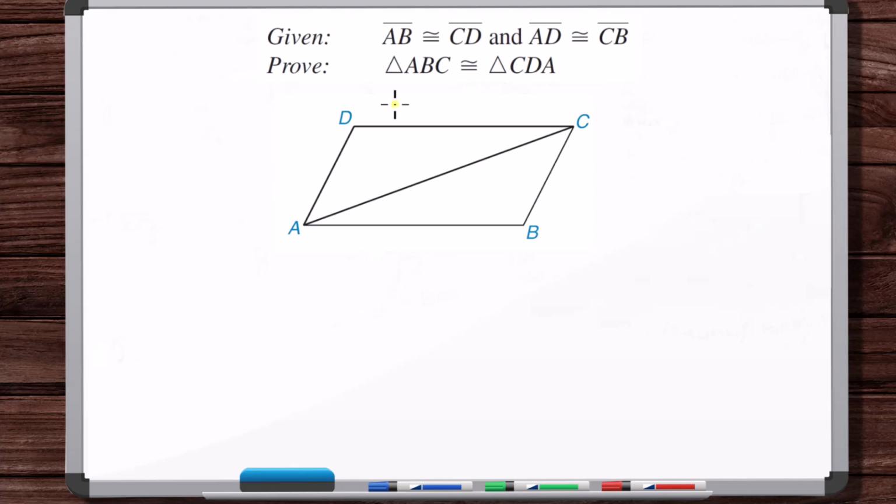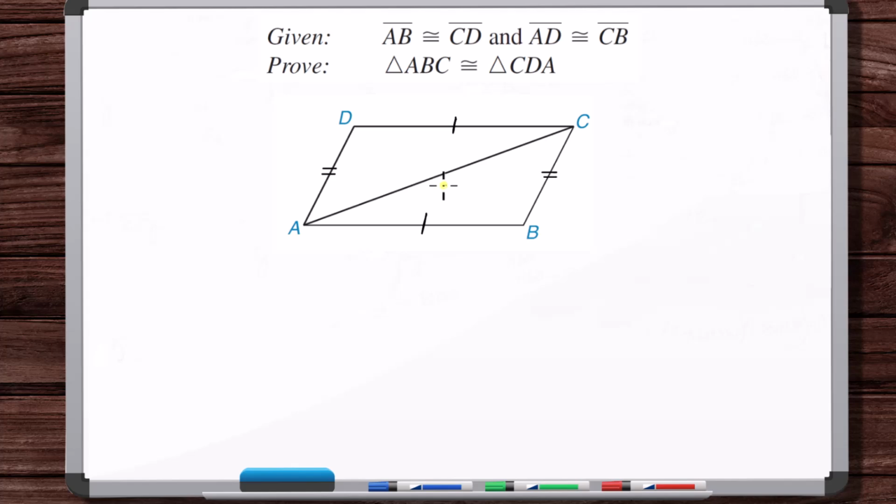Okay, here we're going to do some triangle congruence proofs, but we're not going to go through the official mathematical setup of stating the technical reasons for every statement we make. We're going to do these proofs informally. Given that segment AB is congruent to segment CD, and AD is congruent to CB, prove that triangle ABC is congruent to triangle CDA.